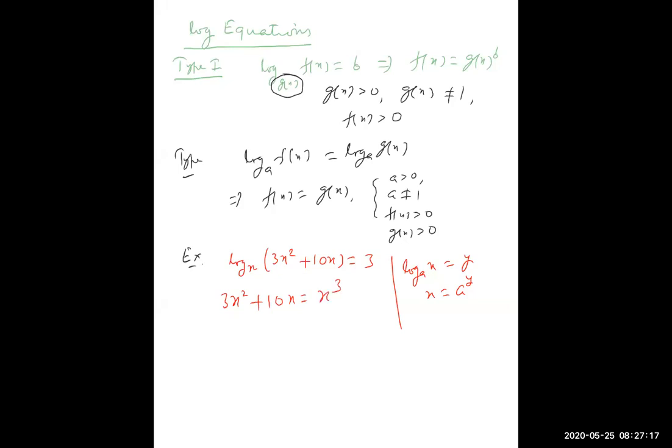So you can write x cube minus 3x square minus 10x equal to 0. So x take common, x square minus 3x minus 10 is equal to 0. So x into (x minus 5) into (x plus 2) is equal to 0. So x is equal to minus 2, 0, 5. These three solutions are there.